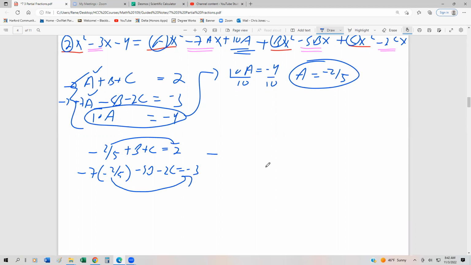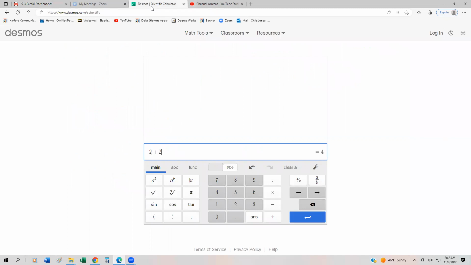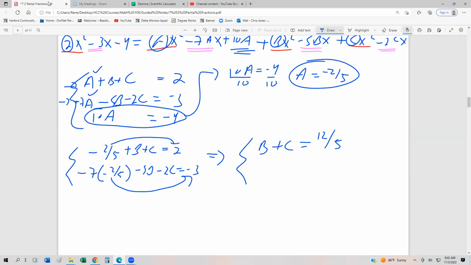We get a new system out of this just by moving everything to the right-hand side. So we get b plus c. If I add 2 to 2/5, that should wind up being 12/5. But if we don't trust that, we can just use our calculator and do 2 plus 2/5 in fraction form, and we get 12/5.